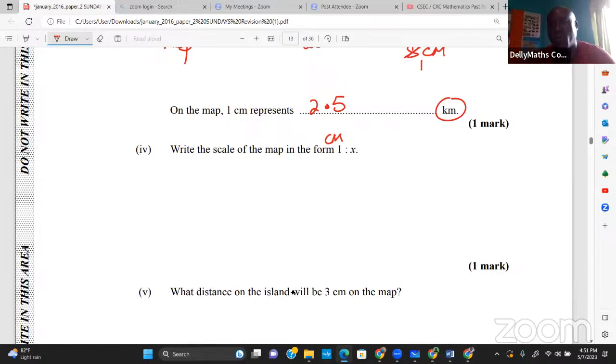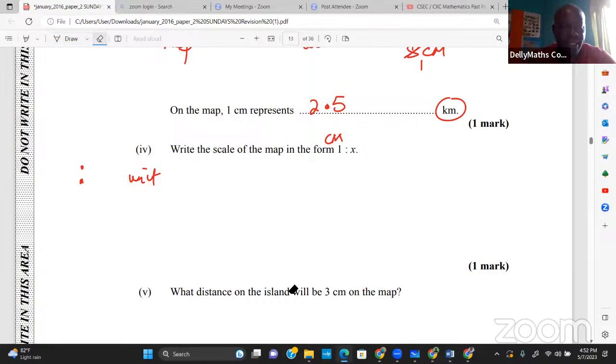Now, whenever you see the ratio being used, as in the colon, you have to be in the same unit. Learn that. The colon will force you to be in the same unit.